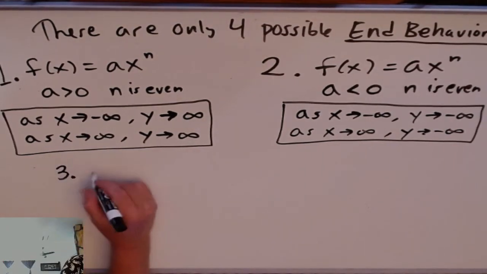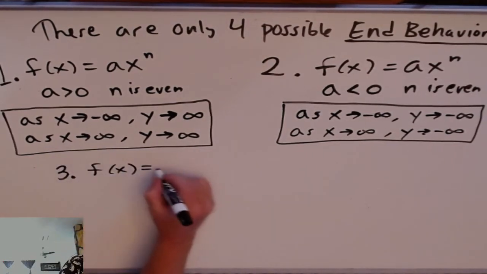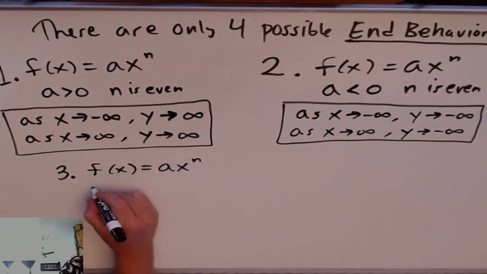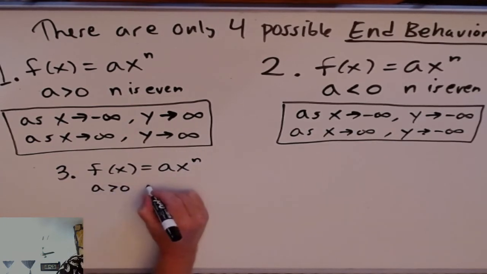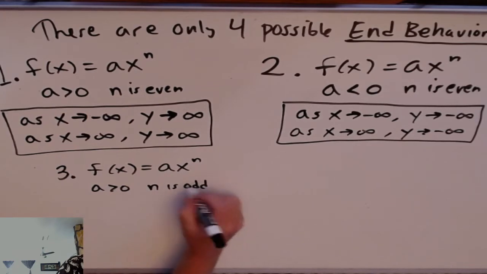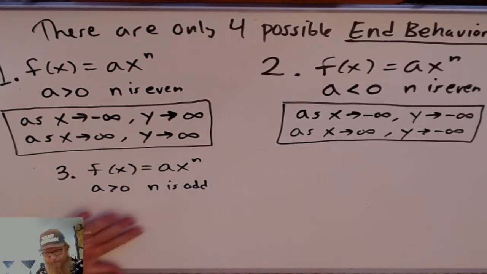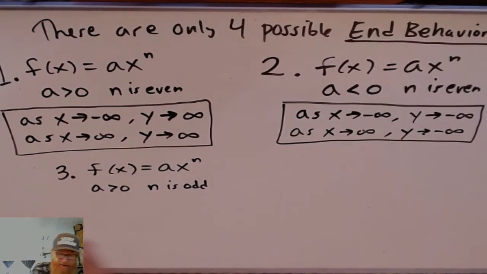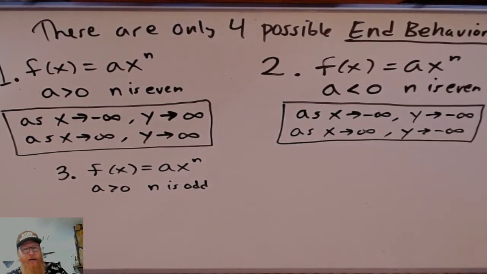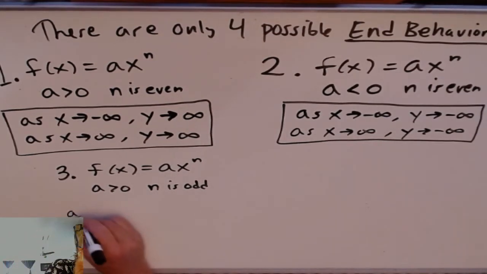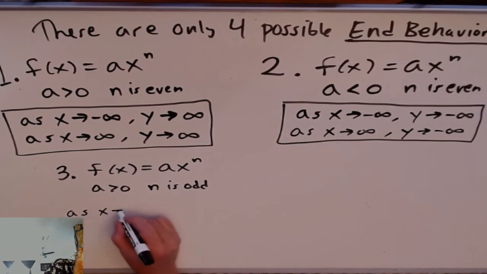All right, third possibility: a is positive, n is odd. So if a is positive and n is odd, then the right arrow goes up and the left arrow goes down.